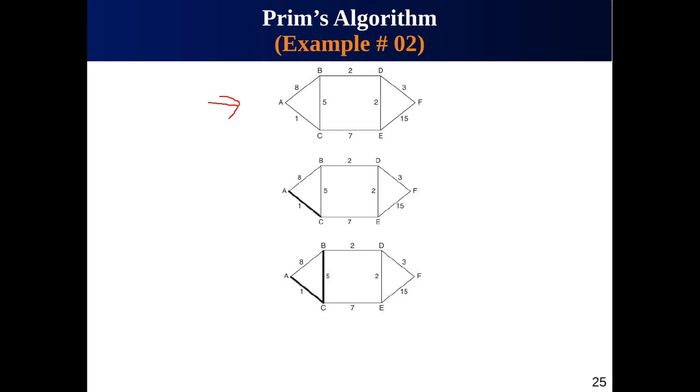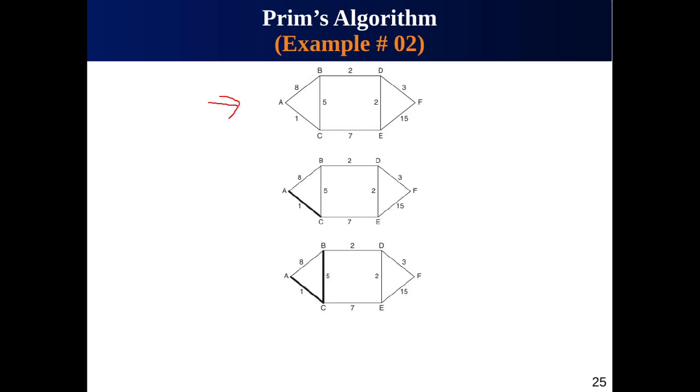That tree is known as the minimum spanning tree, or minimum cost spanning tree, or minimum weight spanning tree. It is a graph that is weighted, connected, and undirected without any cycle, and the total weight of that spanning tree should be less than the weight of all other spanning trees.